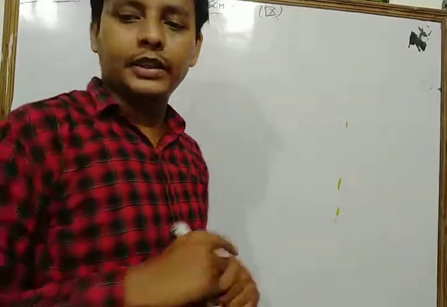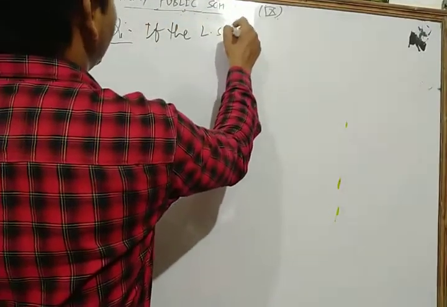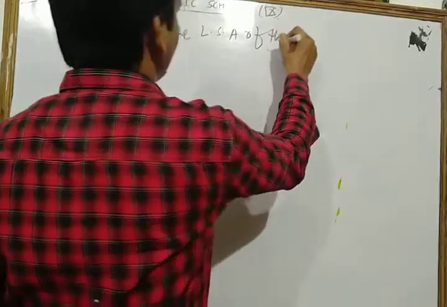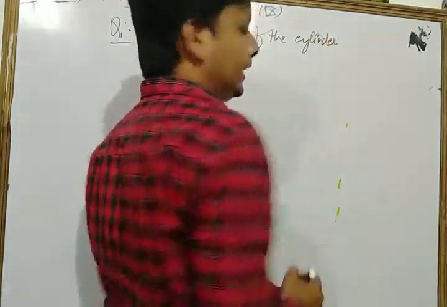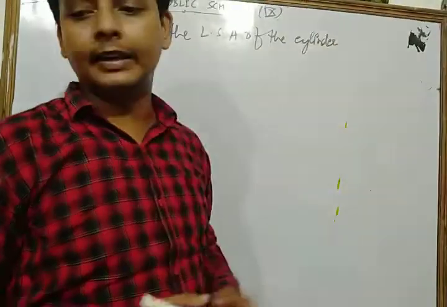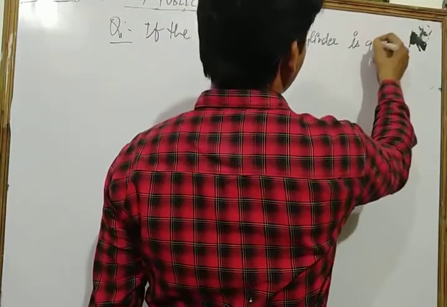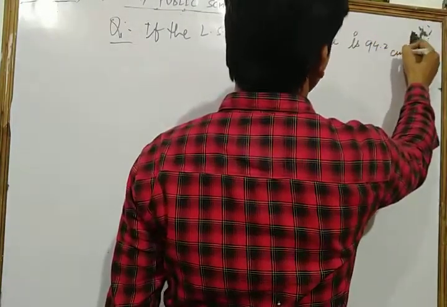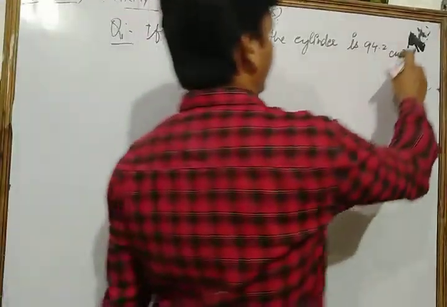If the lateral surface area of the cylinder, this is your NCERT question, if the lateral surface area of the cylinder is 94.2 centimeter square.